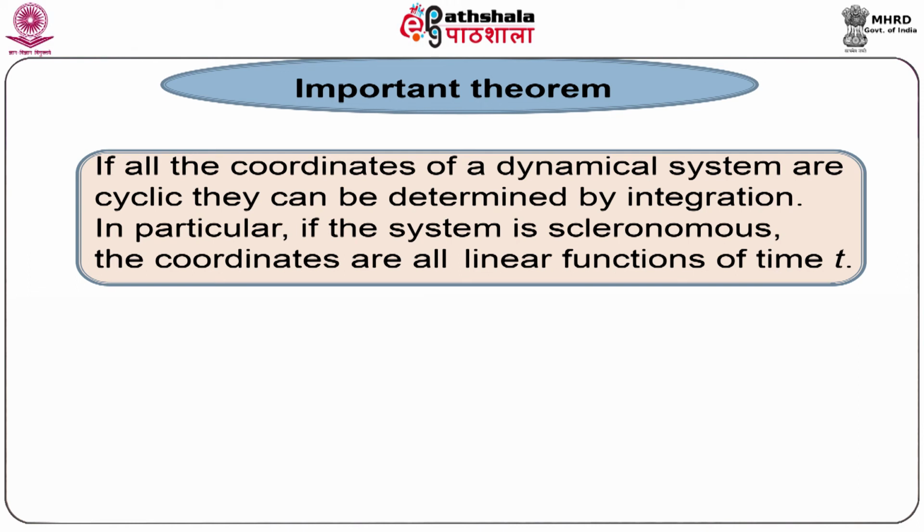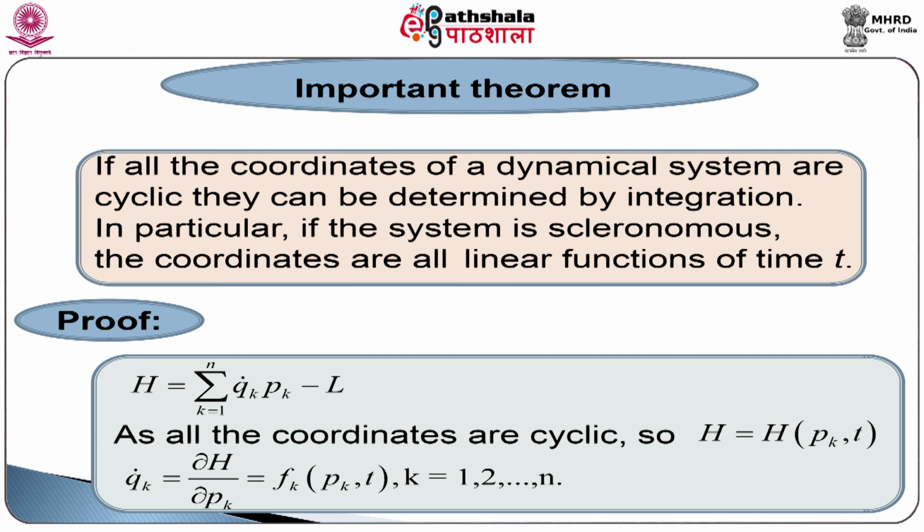A coordinate qk is said to be cyclic if it is explicitly absent from the Hamiltonian. We know that the Hamiltonian H is defined in terms of the Lagrangian as H equal to summation k equal to 1 to n qk dot into pk minus L. Since qk is absent in the expression of H, the qk's are cyclic coordinates.